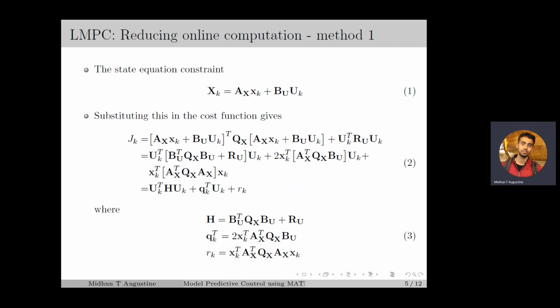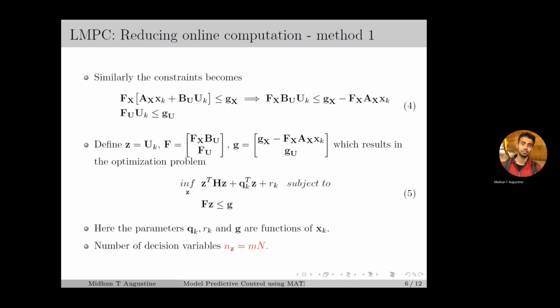Substituting this in the cost function, we can represent Jk as in equation number 2, which is represented as a function of the current state vector small xk and the control sequence vector capital Uk. Similarly, we can rewrite the inequality constraints as in equation number 4, which is represented in terms of the control sequence vector capital Uk and the current state vector.